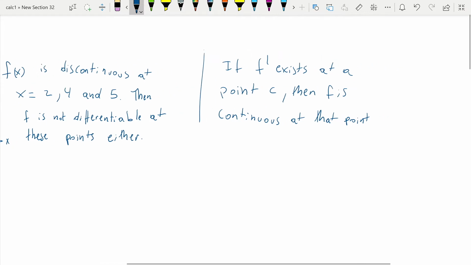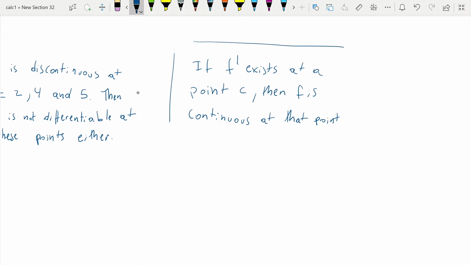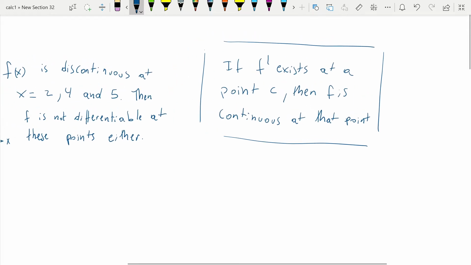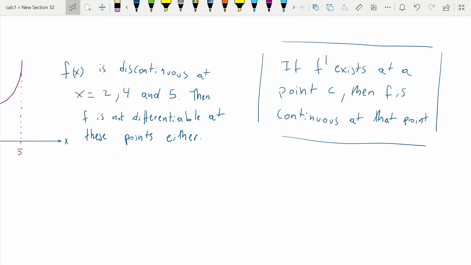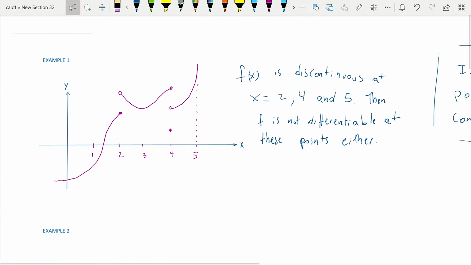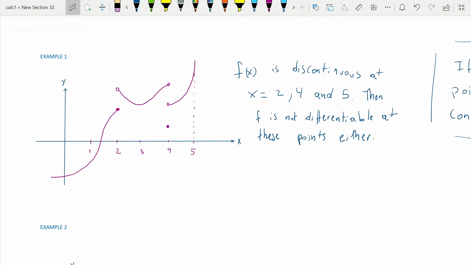This is very important to remember: if a function is differentiable at a point c, then f will be continuous at that point. So if f is not continuous at the point, it means that f prime cannot exist. Otherwise, it would be continuous as well. So if not continuous at the point, the derivative doesn't exist.